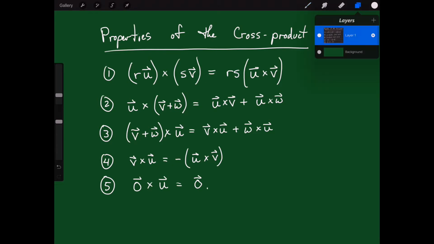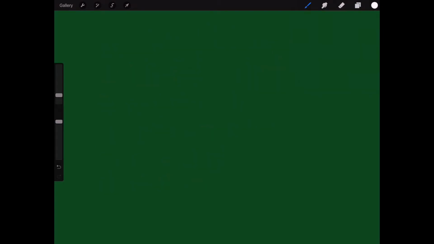Now I need to talk a little bit about a form of vectors that is going to be helpful to us, and that is putting a vector into component form using i's, j's, and k's. So let me draw some axes here.